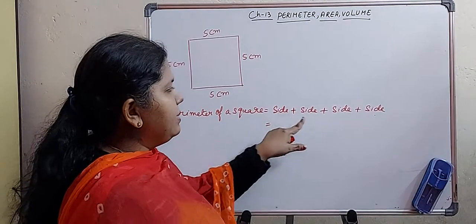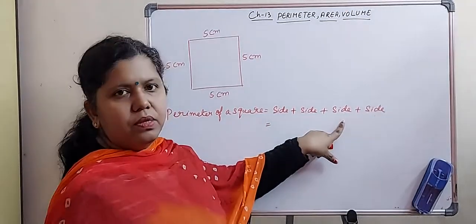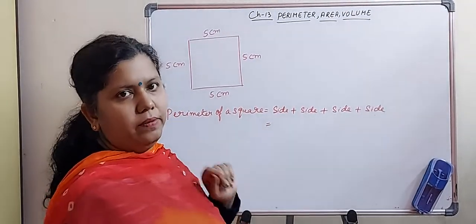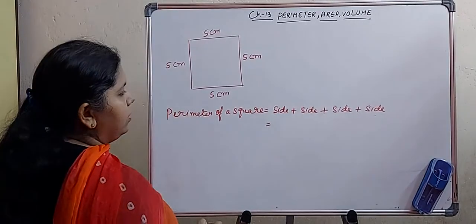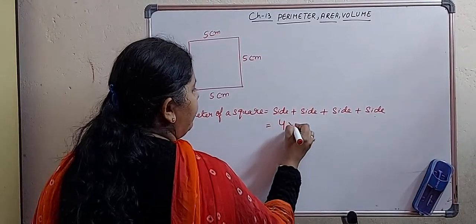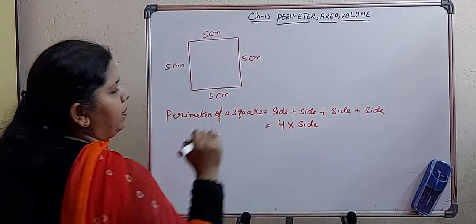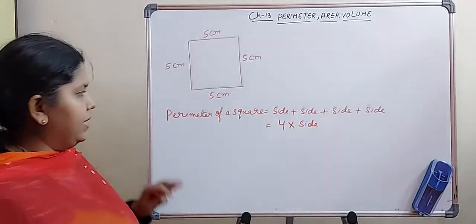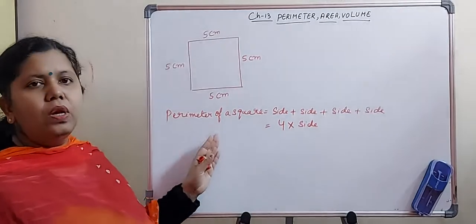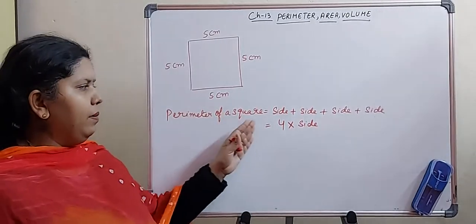We are adding side how many times? We are adding side 4 times. So this means we can also multiply side into 4 to get the perimeter of the square. Yes children, so this is our formula to take out the perimeter of the square.